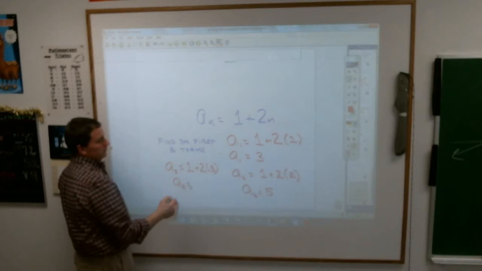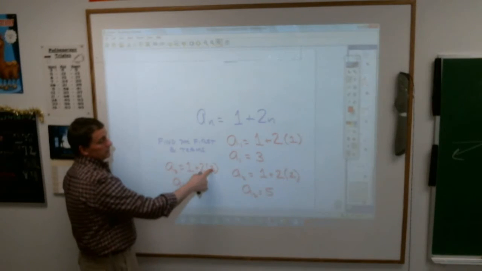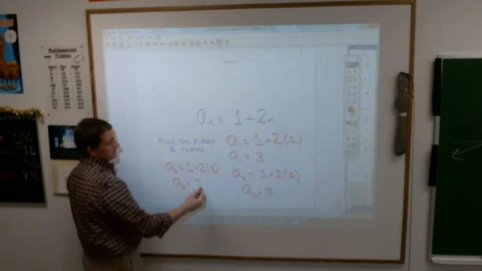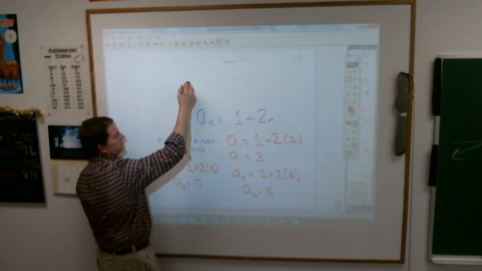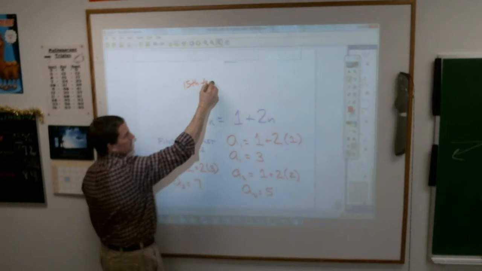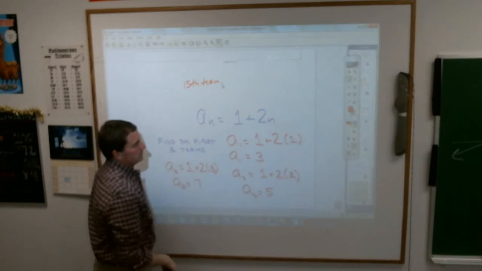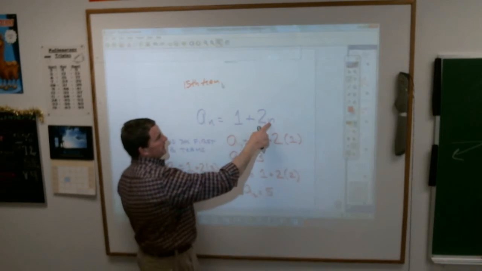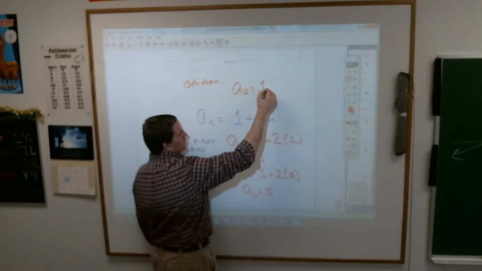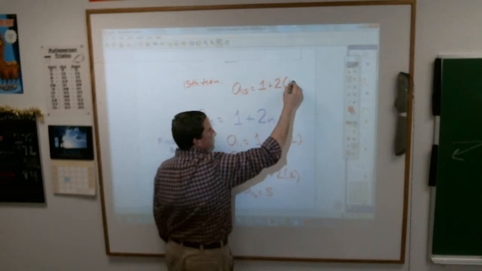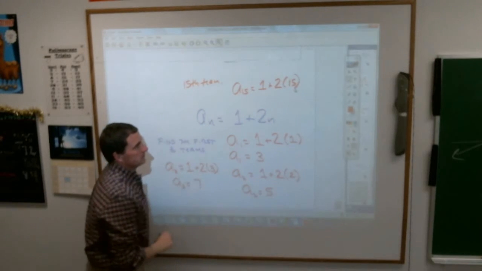So the third term would be 2 times 3 is 6 plus 1 is 7. What would be the 15th term? And how would you figure that out? Well, you put 15 here and there. The value of the 15th term is 1 plus 2 times 15.